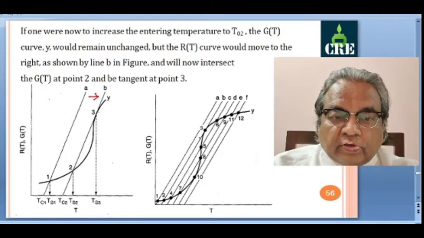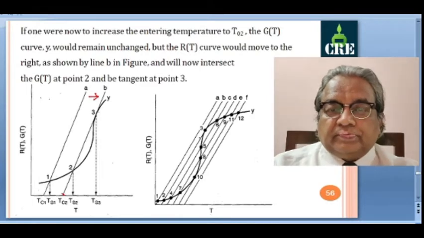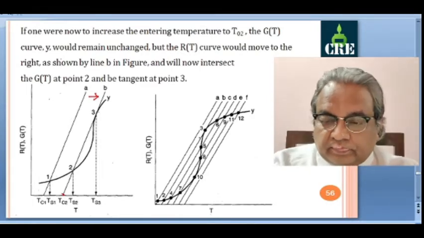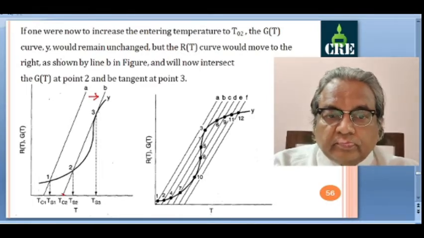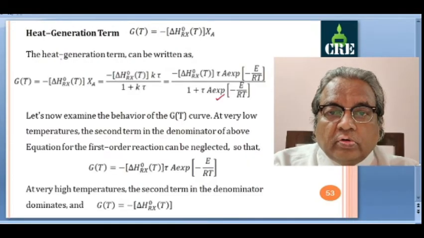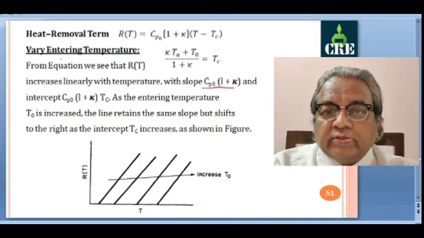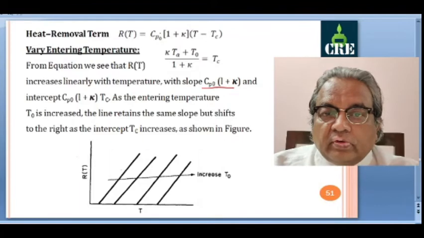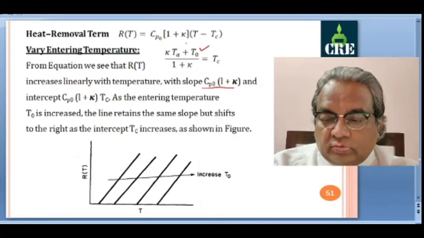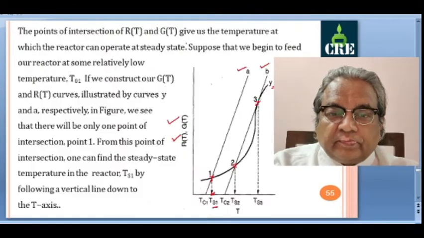So here TC1, TC2, we know this TC, as you change the value of T0, TC will change.